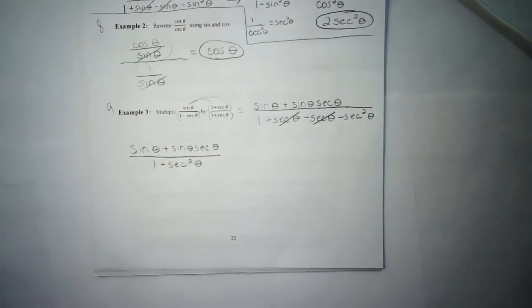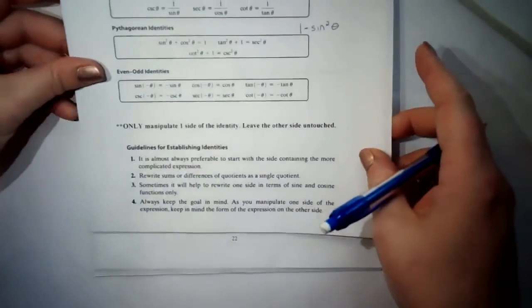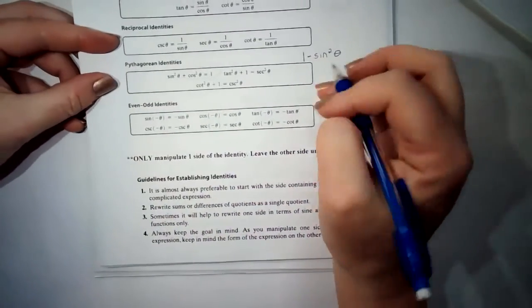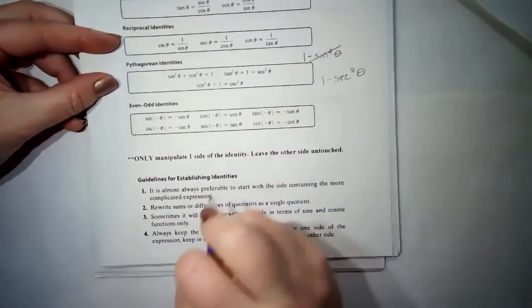Okay, now again, we're simplifying the best that we can. What do you do when you see a squared term? Where should you check? Pythagoreans. So this is 1 minus secant squared theta. If I come up here, I have 1 minus secant squared theta this time.